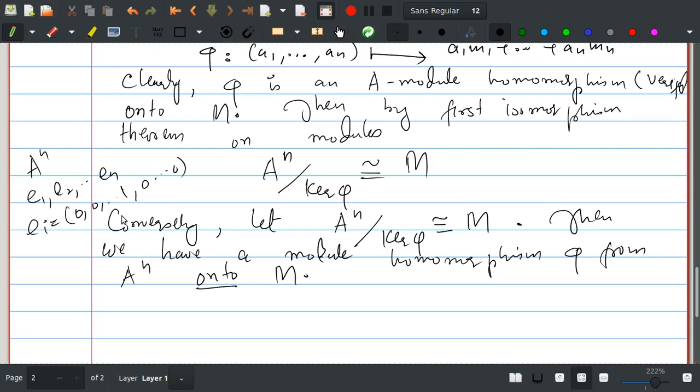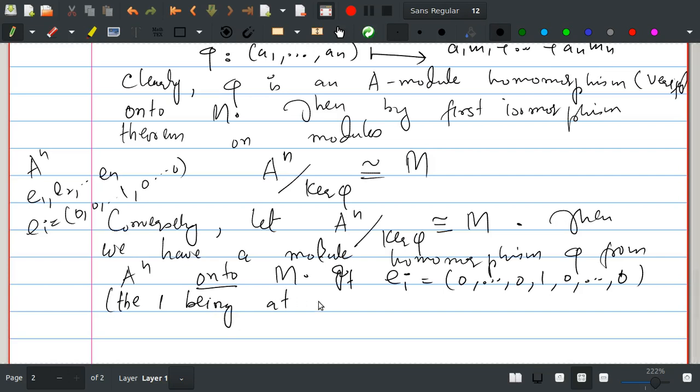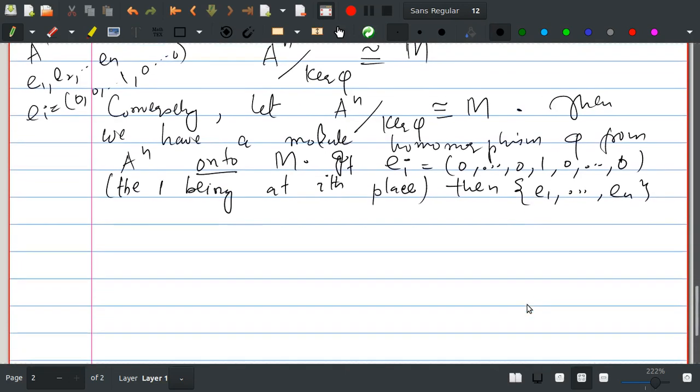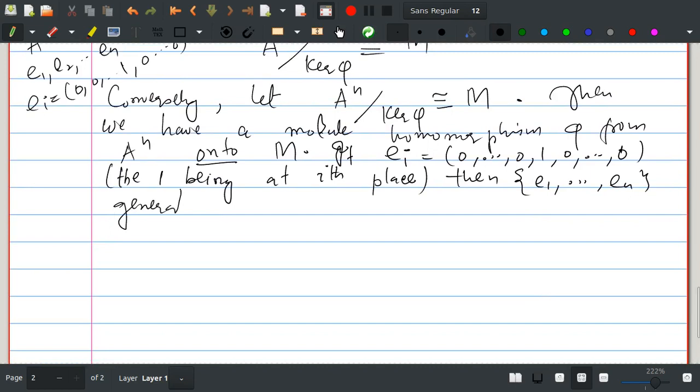So if ei is 0 so on 0 1 0 so on 0, this 1 being at the ith place, then e1 through en generate A to the n.